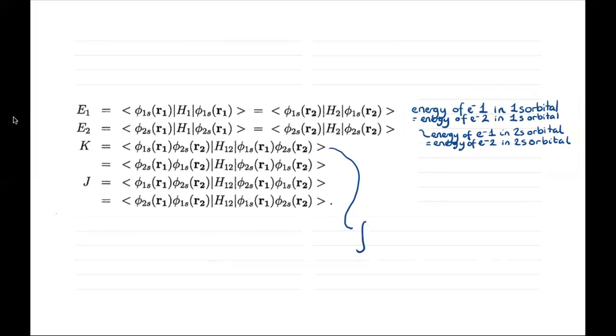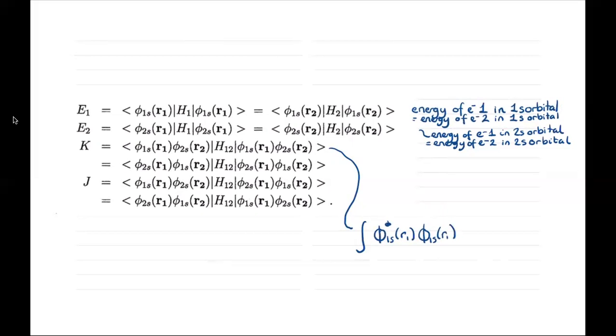We have the 1s orbital on the left-hand side here, which of course is the complex conjugate of phi 1s of R1. And on the right-hand side, we have phi 1s of R1 again, and it's in this case real. And I'm just going to group those together.